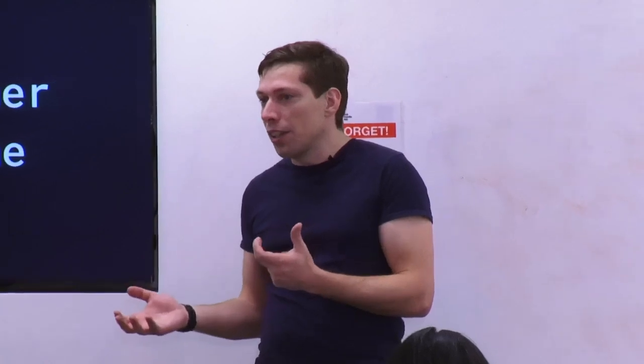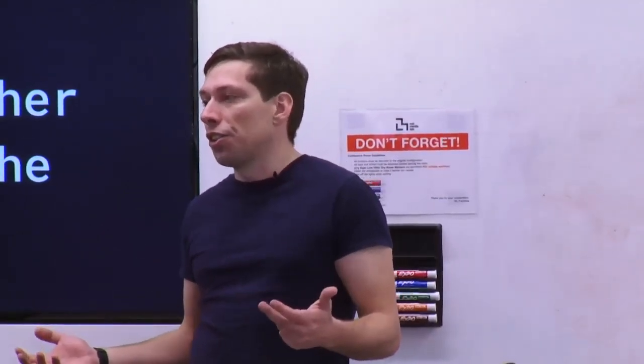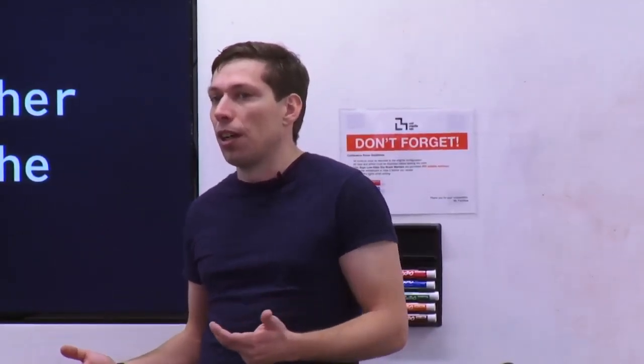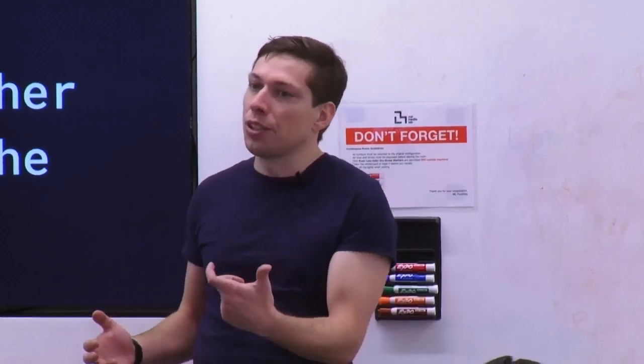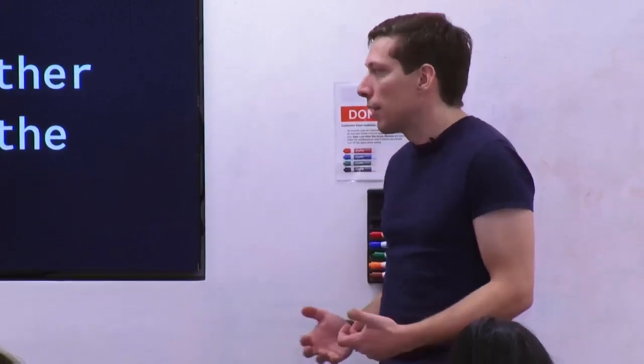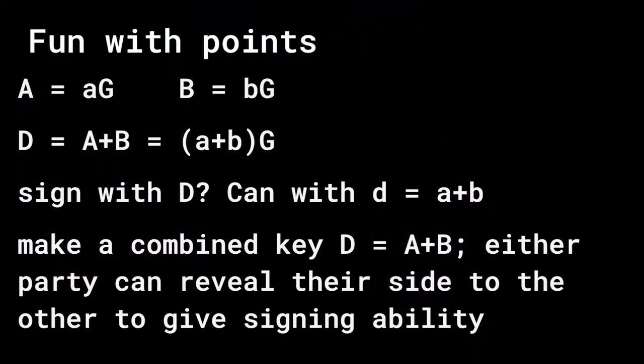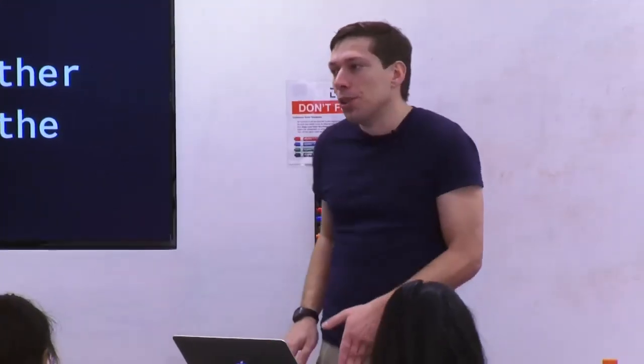I have to keep the R values, but now these 10 signatures, instead of being 64 bytes each, are more like 32 bytes each, and there's one extra 32 byte value for all of them. So there's a lot of really cool ways you can combine things, make things smaller, make things really versatile, where we can share keys, things like that, which you can't do with hash-based signatures, hash functions.